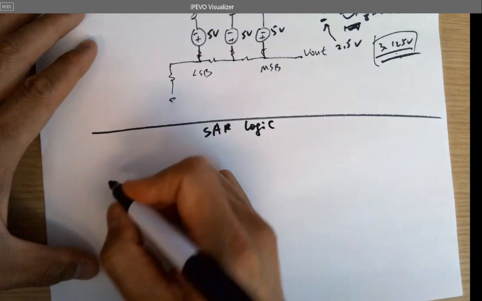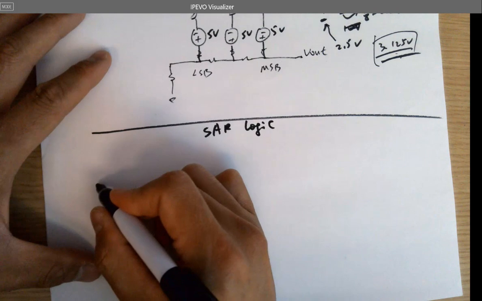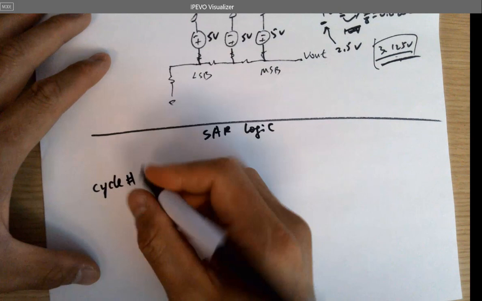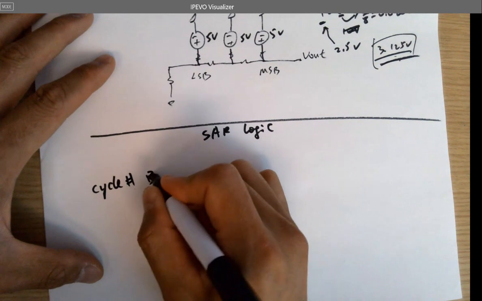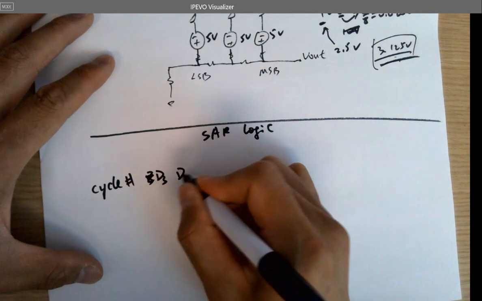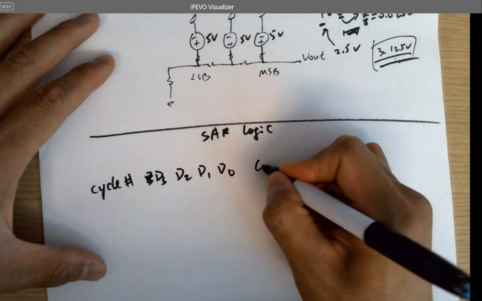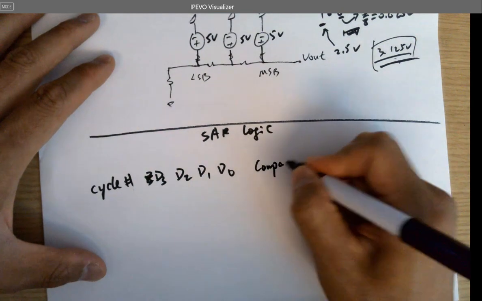If we summarize everything in the table, the first column we name as cycle number, and this is the digital D3, D2, D1, D0, and this is the comparator's output.